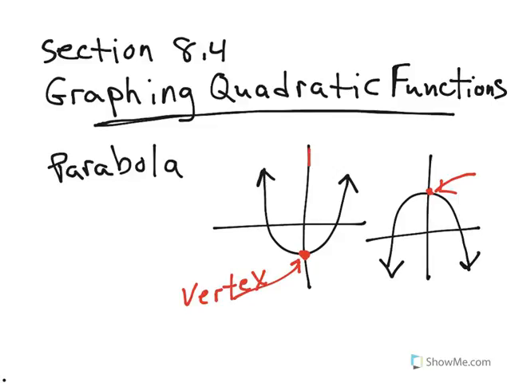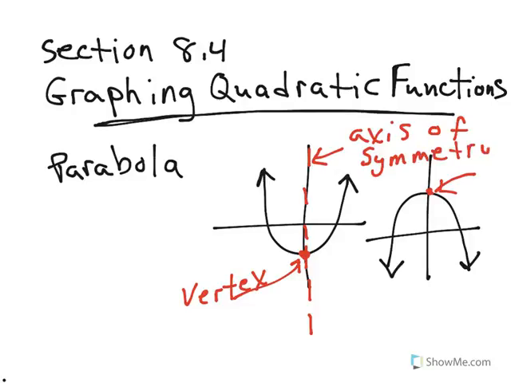The line that goes right through the center of that vertex, splitting the parabola evenly in half, is called the axis of symmetry. When the parabola opens upward, as in this parabola, that means its vertex is a minimum value for y.